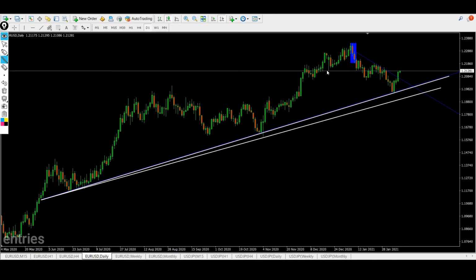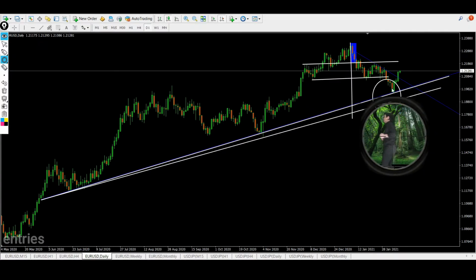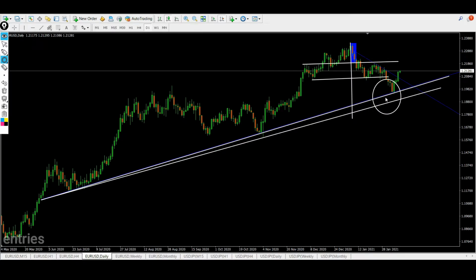The reason is that we're talking about this HNS right here being fake, and fake HNSs typically don't go as far as target distance. So we're basically looking for a long entry from this neckline right here into this target area, because I'm thinking price will not reach that target area. We'll have to see what happens with price on this.